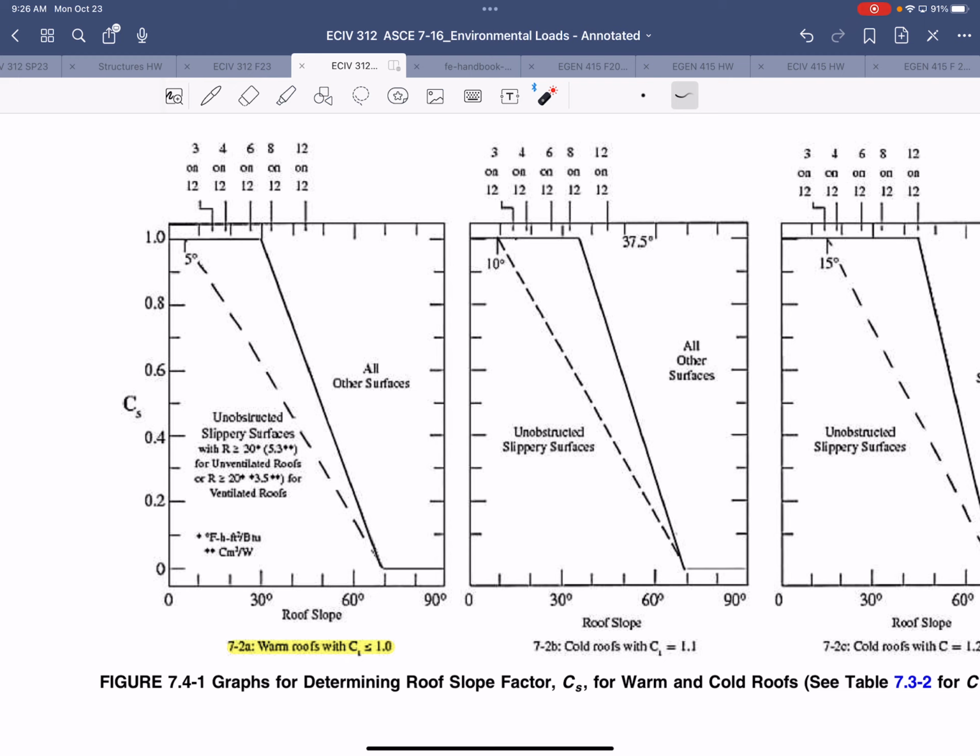And so since we were given the slope as 8 on 12, that's this right here, we just take that and read what we get from this chart. All right, so that looks like right about 0.9, okay? So we'll use a slope factor of 0.9.